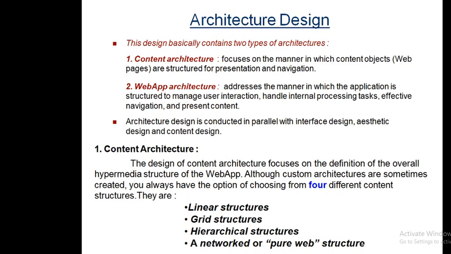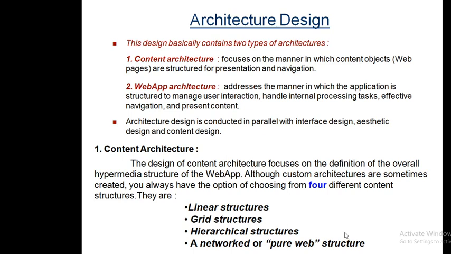Although we have some custom architectures that are also created at times to represent such custom architecture, we have four different types of content structures. When you want to represent content in a web application, the four types of content structures are linear structure, grid structure, hierarchical structure, and network or pure web structure.